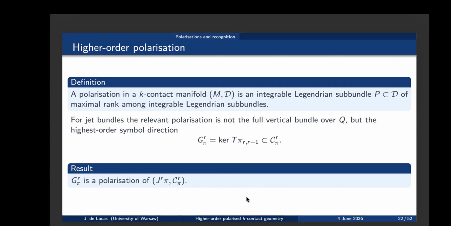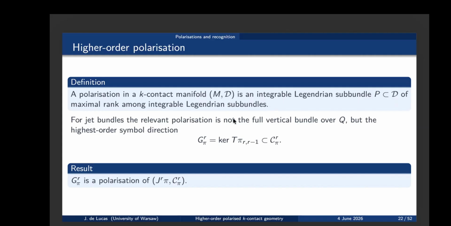And polarizations in the sense given by Narciso are Legendrian. It can be proved; I think that with Xavier and Thomas Sobchak we did it. In general, a polarization in a K-contact manifold is an integrable Legendrian subbundle of the K-contact distribution of maximal rank among all integrable Legendrian subbundles.